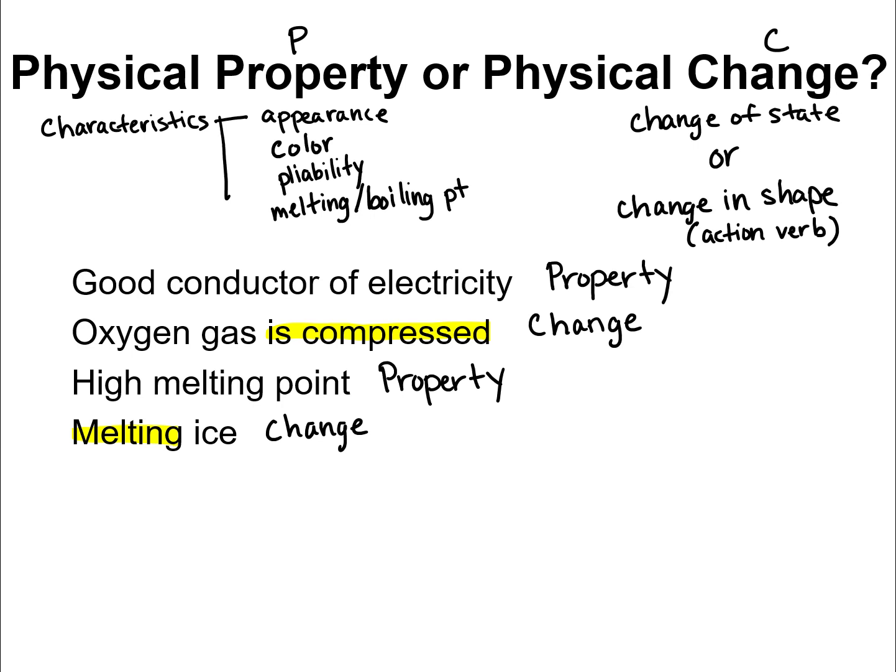Something's compressed, expanded. With the properties, they're just descriptors. Good conductor, high melting point. Nothing is happening. It's just a list of characteristics about a substance. Does that help? Great.